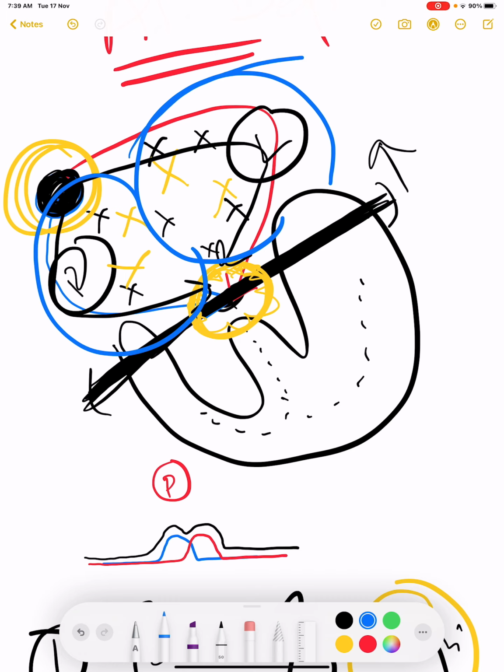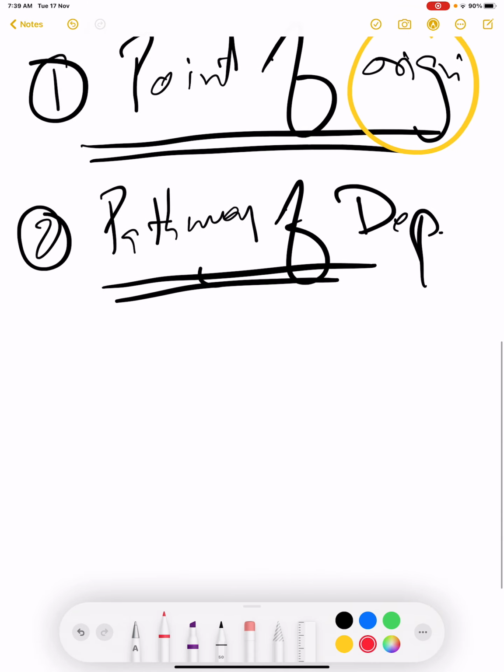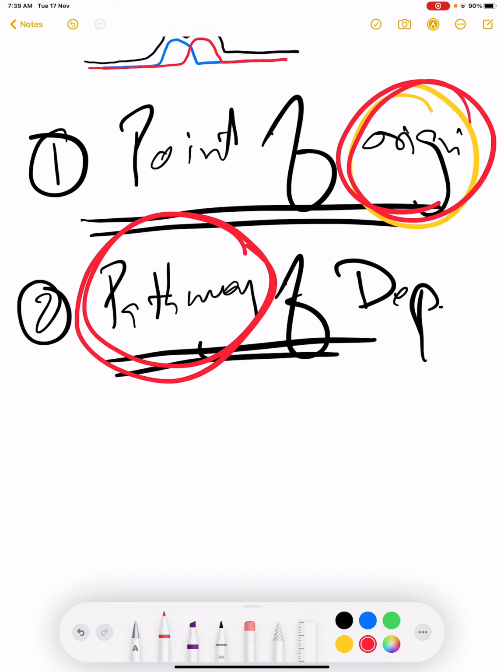If any one of the atria is bigger in size, or is not in its normal shape, then obviously the pathway will be different and we will have a different shape of P wave. So there are two things, the point of origin and the pathway of depolarization, upon which the shape of the P wave depends.